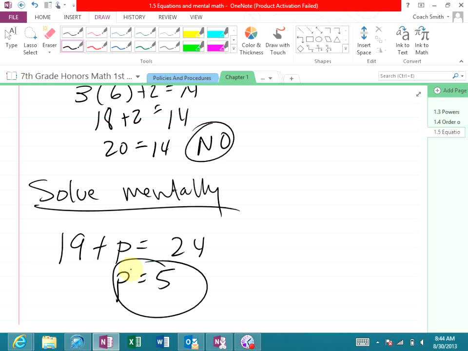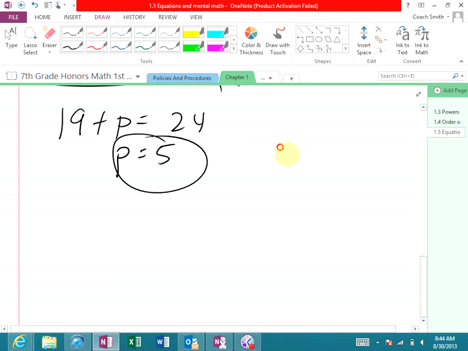So mentally, she just said, okay, if I subtract the 19 from 24, that gives me 5. And so what you're doing is you're establishing the first foundation blocks on how to solve equations. So she just said that to solve an addition equation, she subtracted. Okay? We'll learn more about more difficult equations as we go on throughout the year.